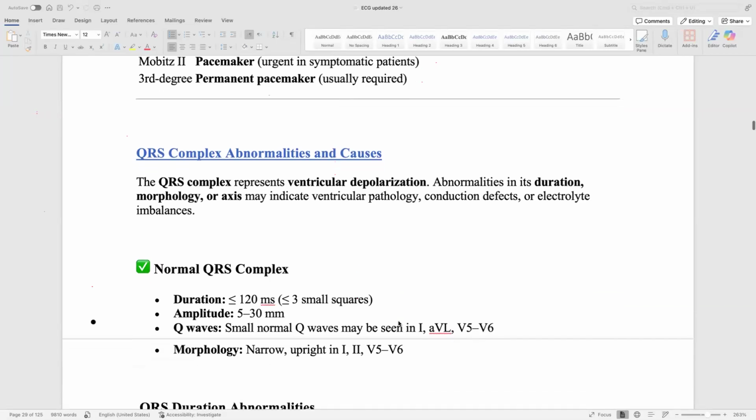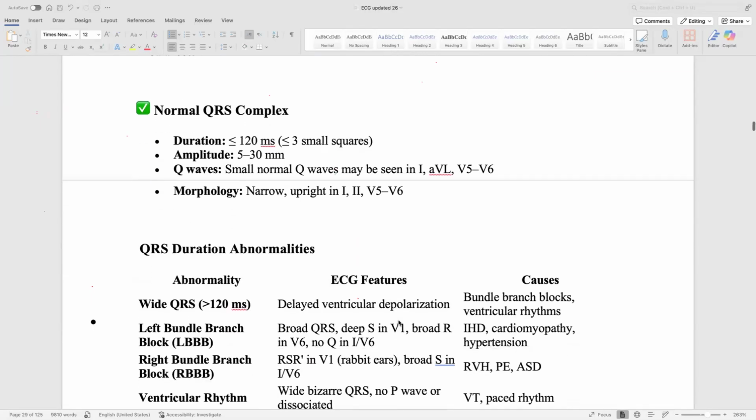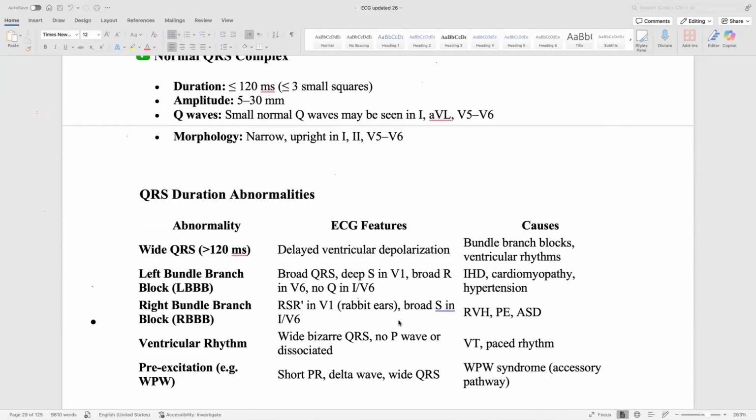QRS should be narrow, should be upright in leads 1 and 2, and the left leads. If it is wide, maybe the conduction is from muscle to muscle, or the generator is in the muscle, or the electricity comes from the right side, or from the other bundle.